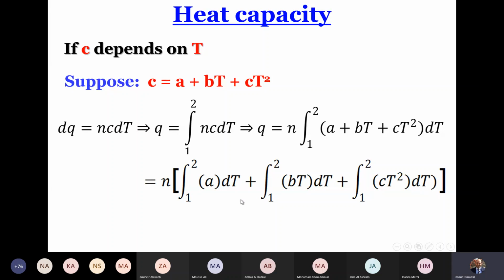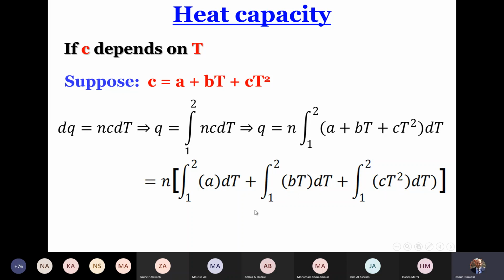We solve each part of the integral: the integral of a dx is ax, the integral of bx dx is bx² divided by 2, and the integral of c/x² dx is minus c over x. So you solve each part of the integral separately.